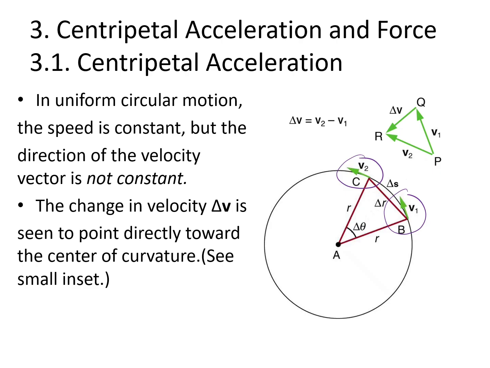The small inset shows the change in velocity, delta v. When we compare the two velocity vectors, the change in velocity points toward the inside of the curve. Since acceleration is the change in velocity divided by the change in time, the acceleration also points toward the center of curvature.